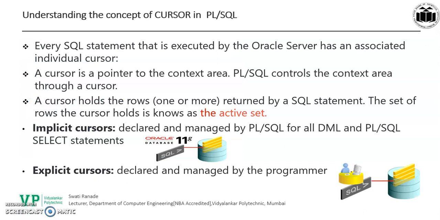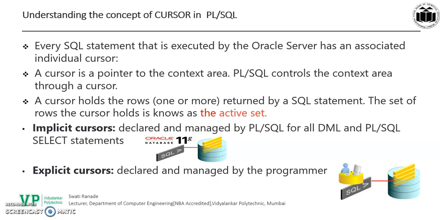Before learning about explicit cursors, let's have a little revision of the concept of a cursor using SQL. Every SQL statement that is executed by the Oracle server has an associated individual cursor.